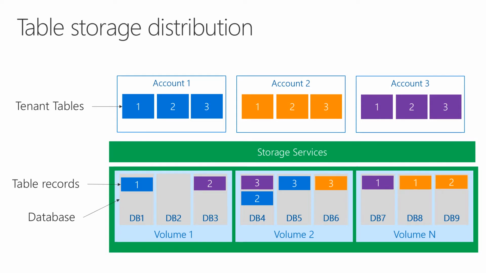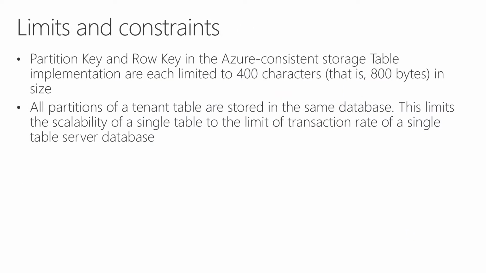We have our storage accounts, and within our storage accounts we have different tenant tables, and these tables are distributed across different databases on different volumes. A few limits and constraints. As of today, partition key and row key in the Azure Consistent Storage Table implementation are limited to 400 characters, and all partitions of a tenant table are stored in the same database. That's what we saw on the previous slide.